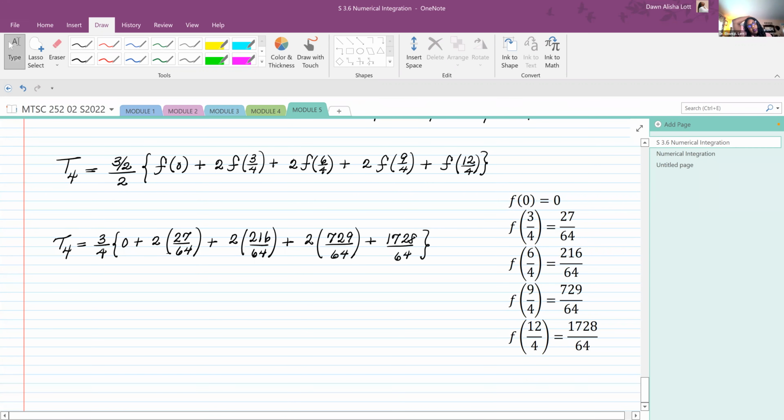So if I'm not mistaken, I like fractions, so I was trying to make this simpler for me. So I made everything over 32. So this is 3/4.